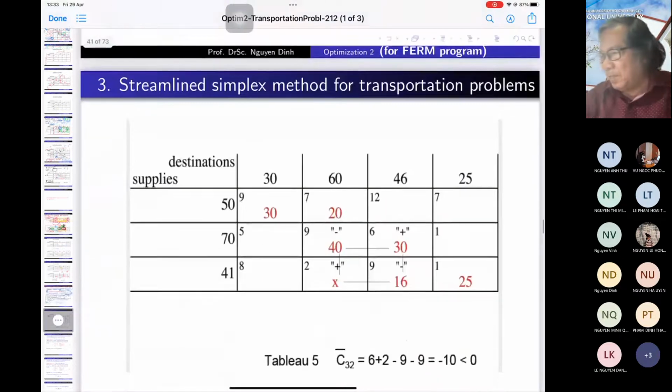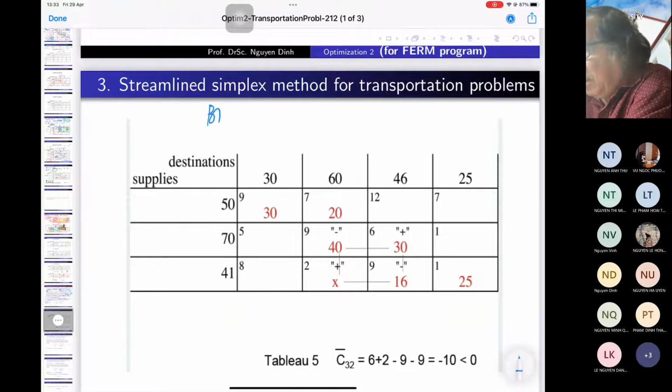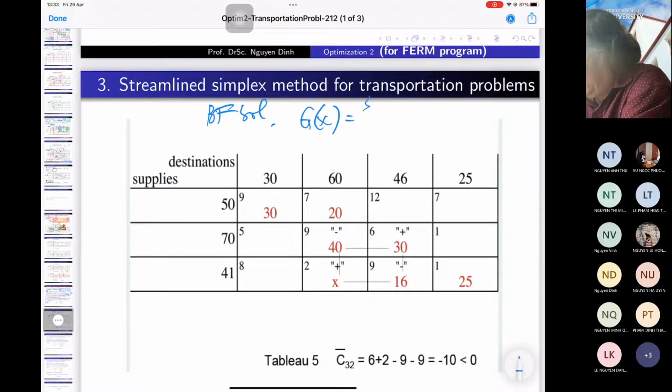Let me see here. Suppose that you have this BF solution. And Gx is equal to what?